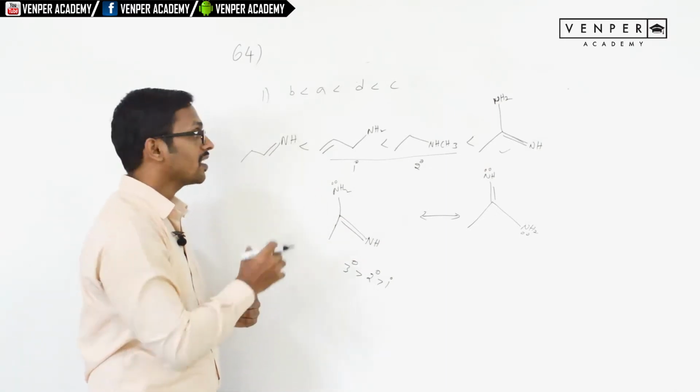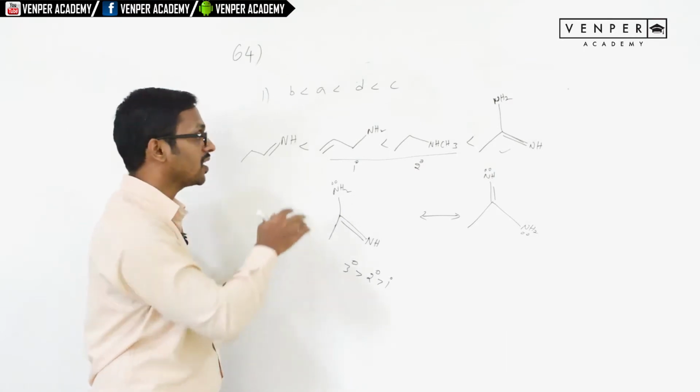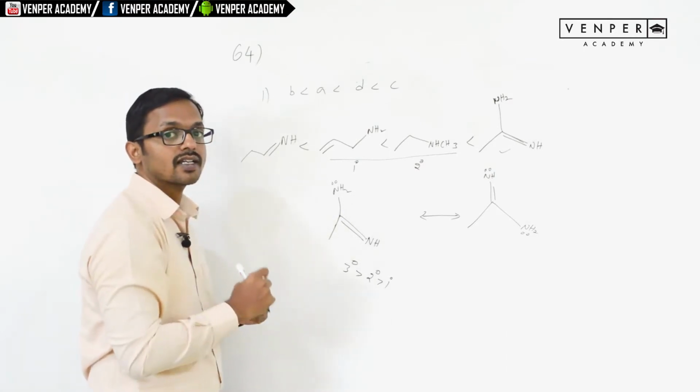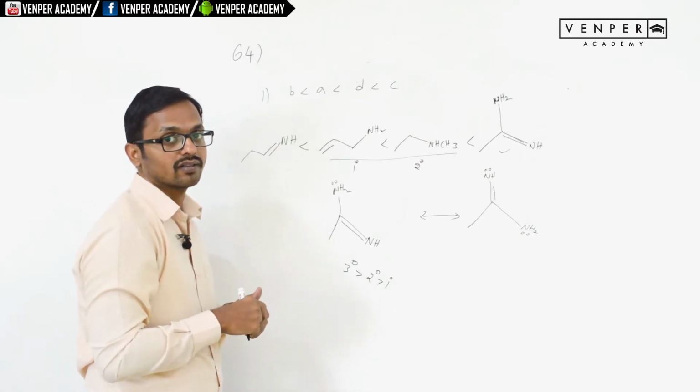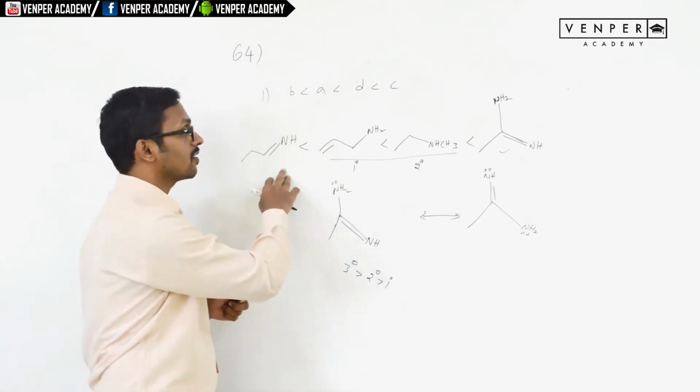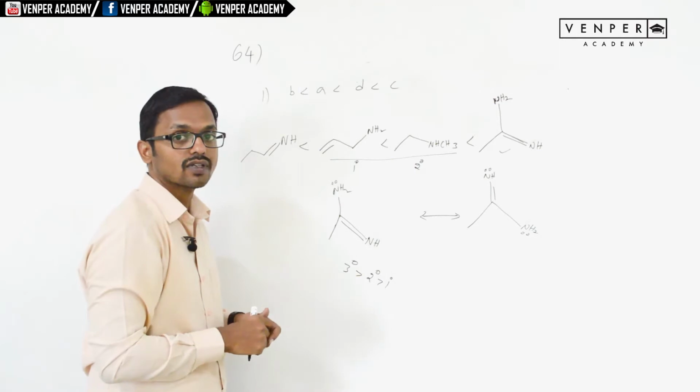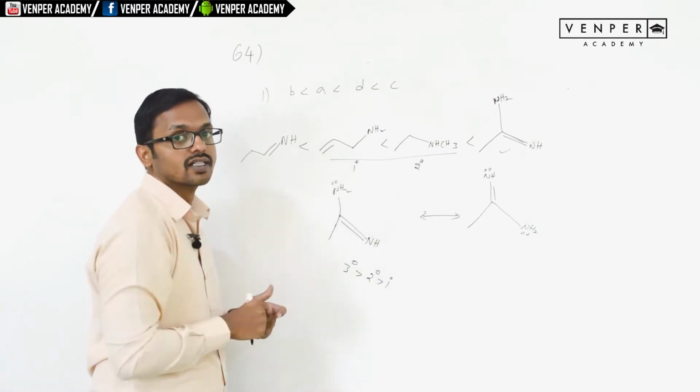As a result it always pulls the electrons from the nitrogen. As a result it does not easily give its electron pair. So this is the order for the given 4 compounds. Option 1 is correct.